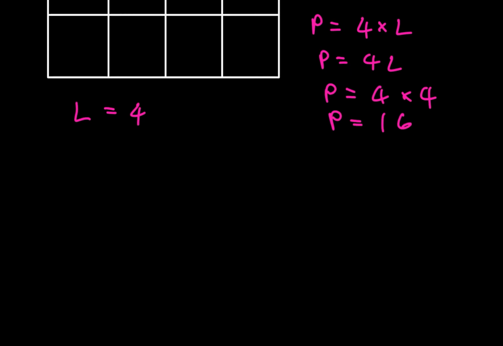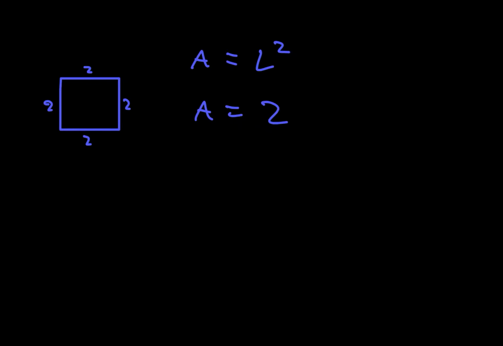So let's go on and do 2 examples. If we have this square over here, and this square has a side length of 2, then the area we said was length squared, so area is equal to 2 squared, which is 2 times 2, which is 4.